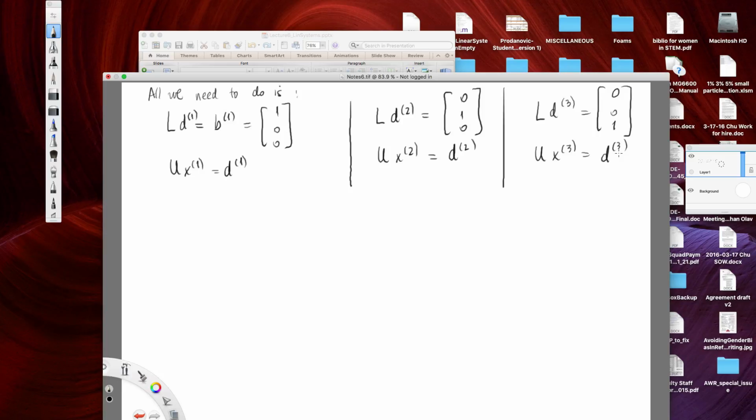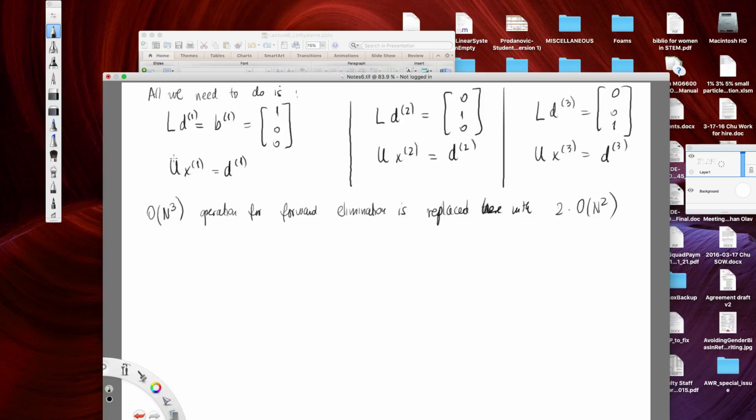In this case, n is equal to 3, so the O of n cubed operation for forward elimination is replaced here with 2 times O of n squared operations, because both of these scale with n squared.